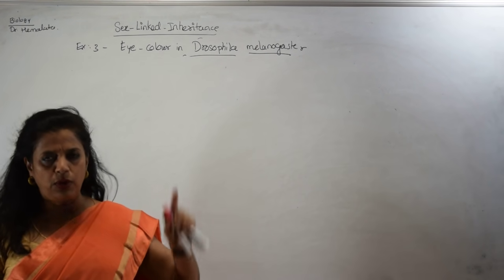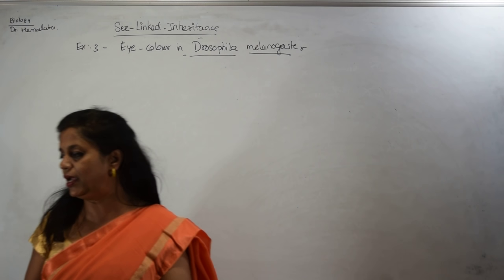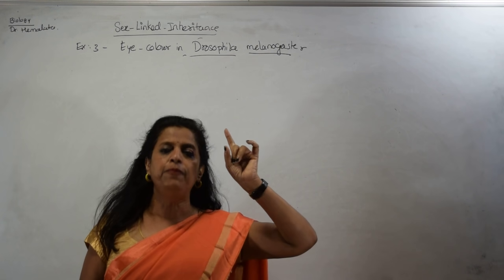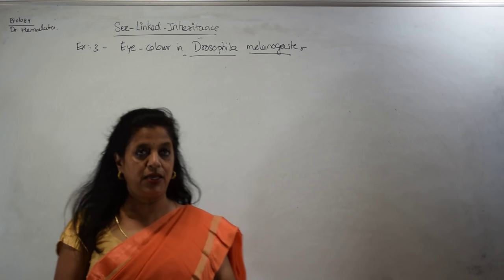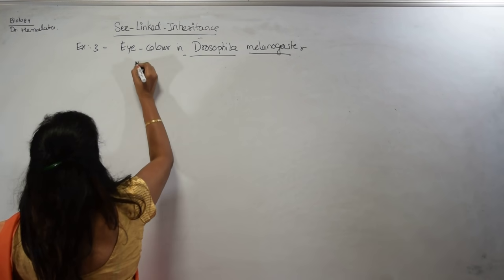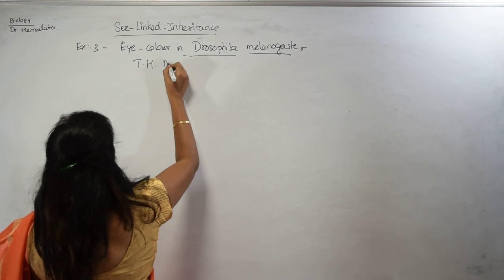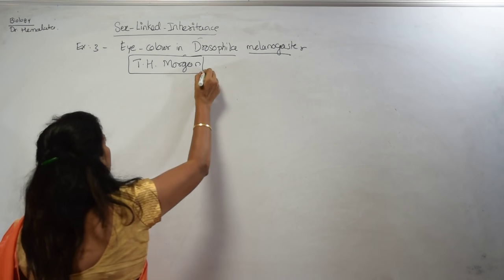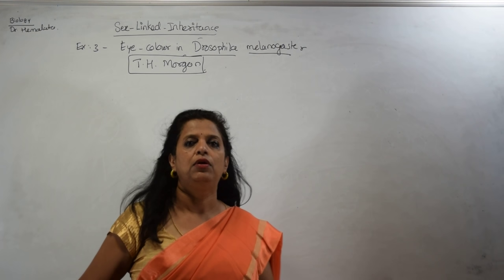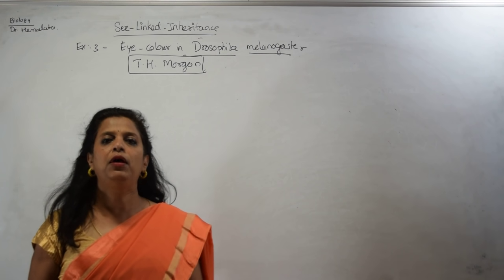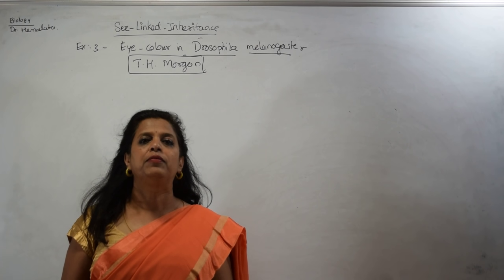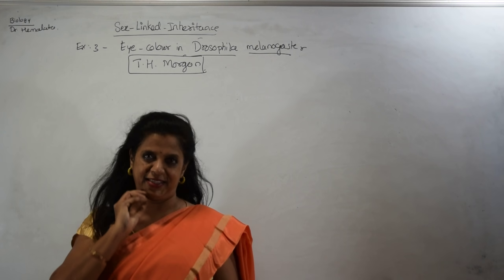This was actually the whole sex-linked inheritance. Whatever I explained to you, it was first discovered only in Drosophila melanogaster by scientist Thomas Morgan. I told you about T.H. Morgan. He is popularly named the modern geneticist, the father of experimental genetics. Right.